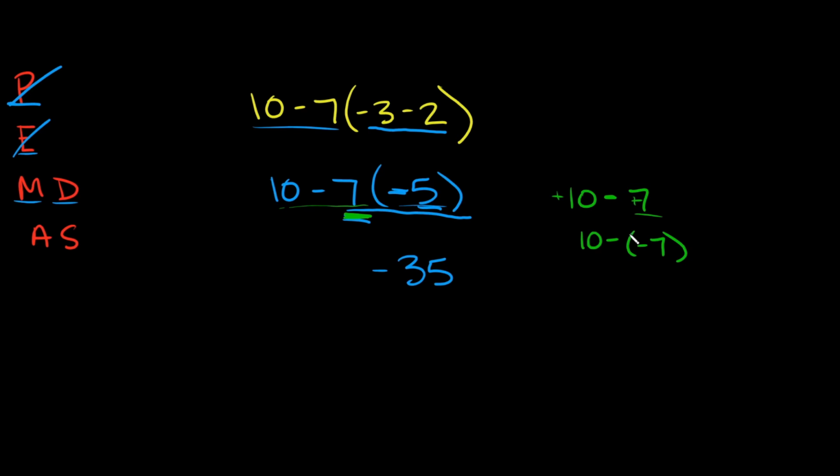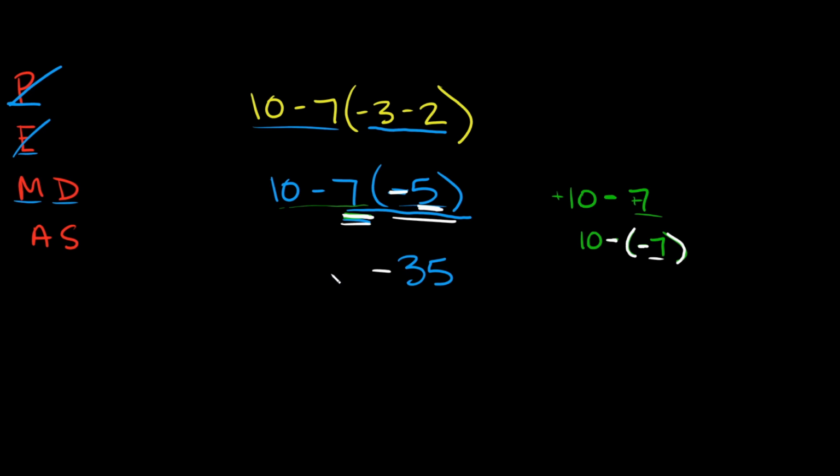Okay, so for that reason, we normally write parentheses around our negative numbers, so we don't confuse negative numbers with minus signs. So again, that's why I said this was positive 7 times negative 5. So a positive times a negative is a negative.